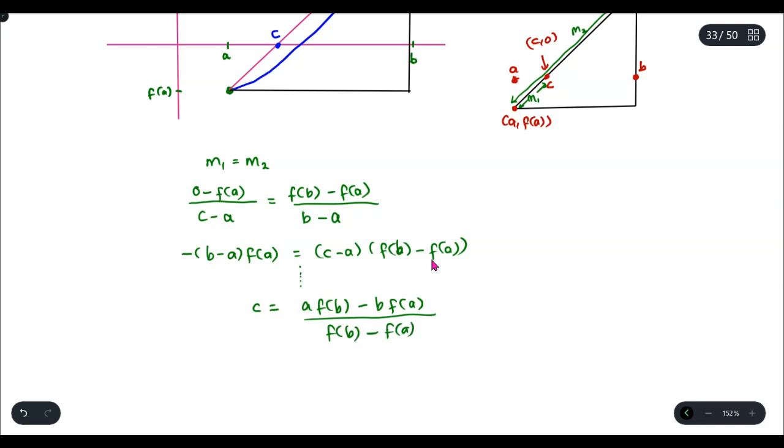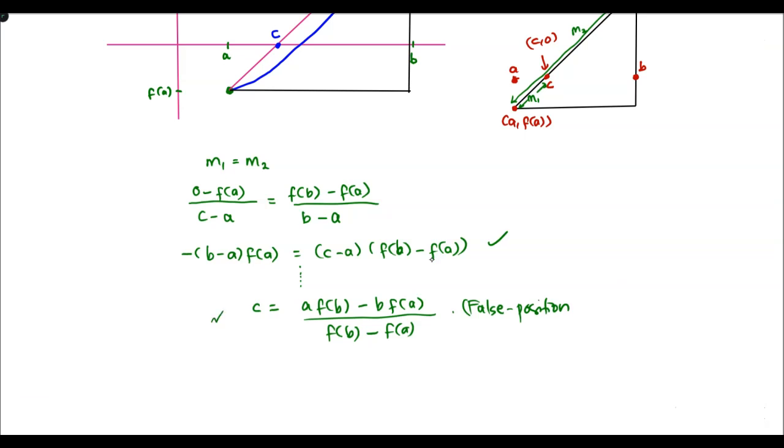So this is the false position formula. Now try on your own, from here to here. Work out the algebraic manipulation and see whether you can get the formula for C, which is the false position formula. Very simple derivation.